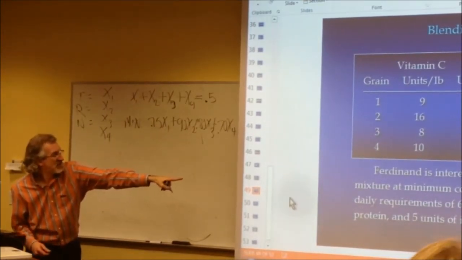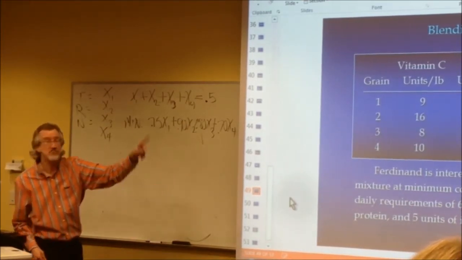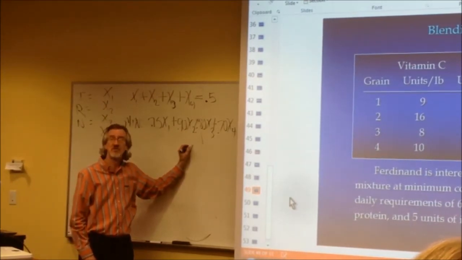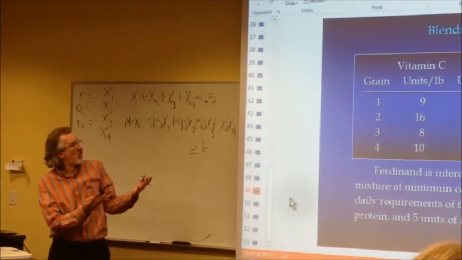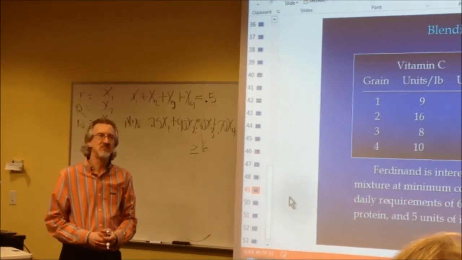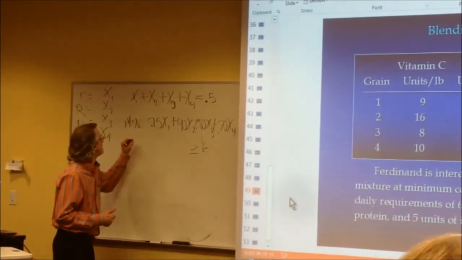Next, it says the daily requirement is 6 units of vitamin C per bag. Less than or equal to, greater than or equal to 6 units. Greater than or equal to 6. Now, how do I turn these variables into vitamin C? X1, you're saying is a 9? That's right.